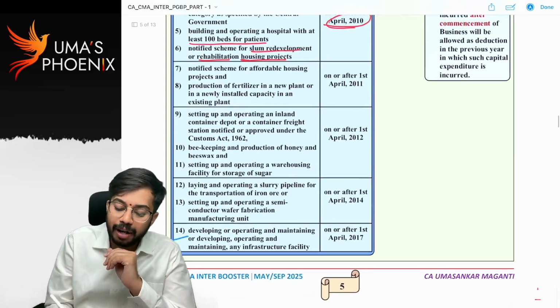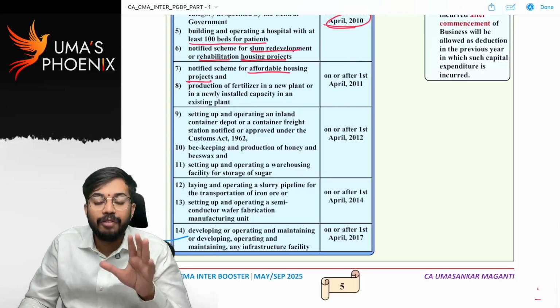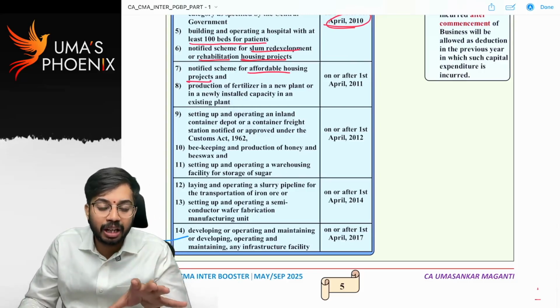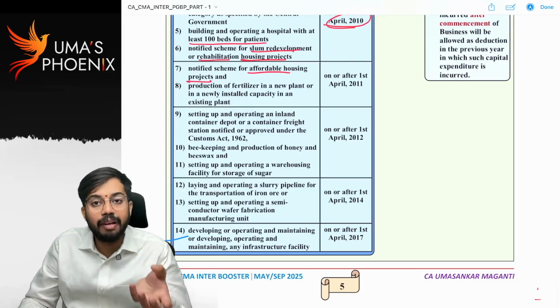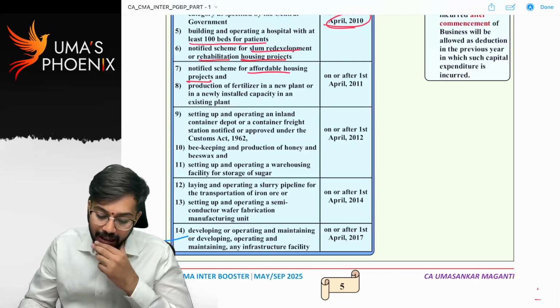Next, notified scheme for affordable housing projects. Those businesses which are doing construction under the scheme of affordable housing, even those businesses are also eligible for deduction under section 35AD.